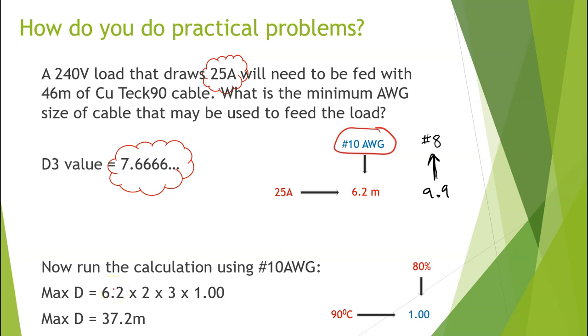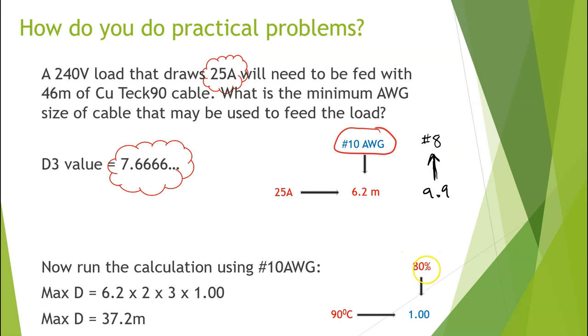And so what we do is we run the calculation with our number 10, and we take our 6.2, multiply it by the 2 that we got for a voltage multiplier, multiply that again by 3 for voltage drop, and then multiply it by a DCF. And of course we would get the DCF the same way we would get it in any other calculation. We'd base it upon our percentage loading and the insulation temperature rating of the conductor.